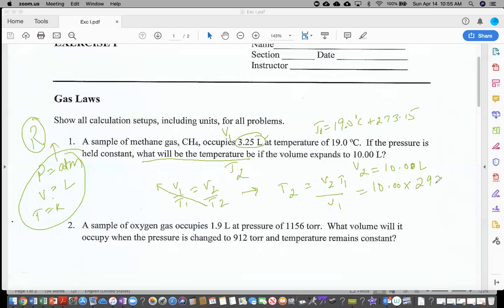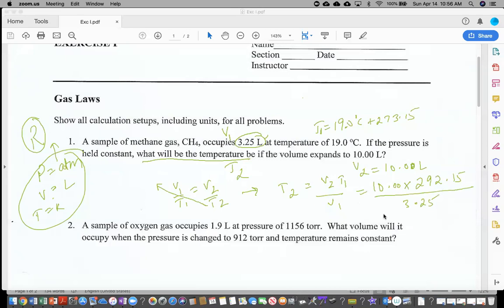If you do degrees Celsius, it's not going to come out correct. Then your V1, volume 1, is 32.5. Now I multiply that by 10 and divide by 32.5. You got 782, and that's my T2, correct? It's something on here, 782.